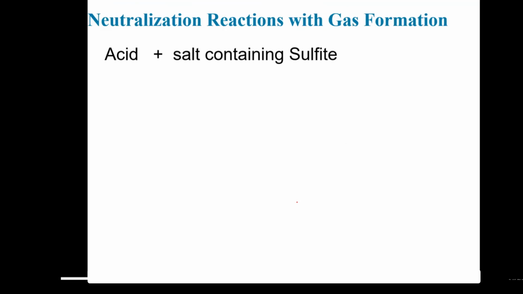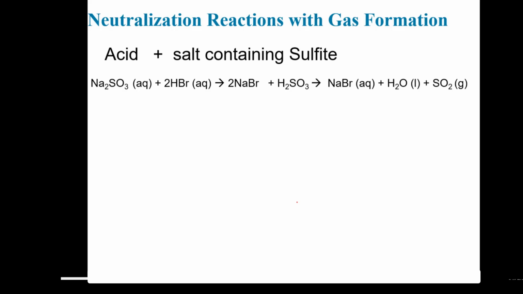We can also have an acid react with a salt containing the sulfite ion. Let's take a look at the example of sodium sulfite reacting with hydrobromic acid. This produces aqueous sodium bromide and H2SO3.